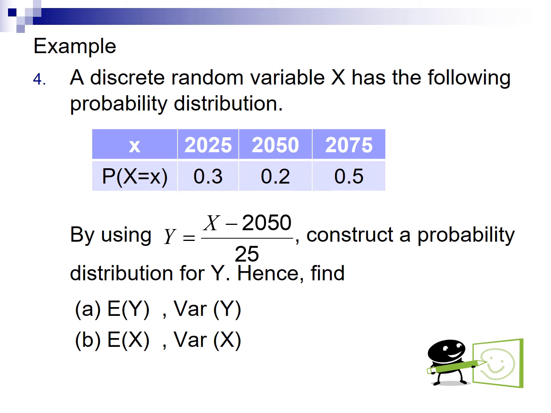So you can apply the coding formula to make your calculation simpler. So here your coding formula is given. So what is it? Y is equivalent to (X minus 2050) over 25. So that is called a coding formula. The coding formula is used when the values of X are very large. In other words, we are reducing the values of X to a smaller value.